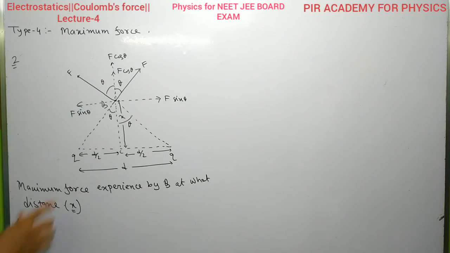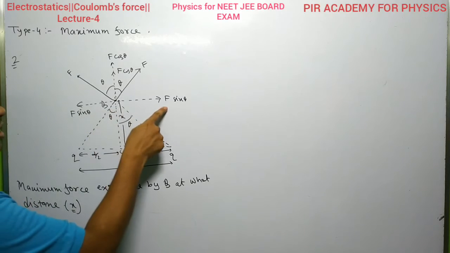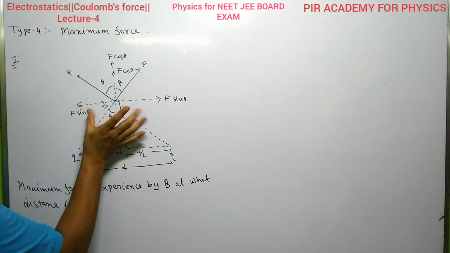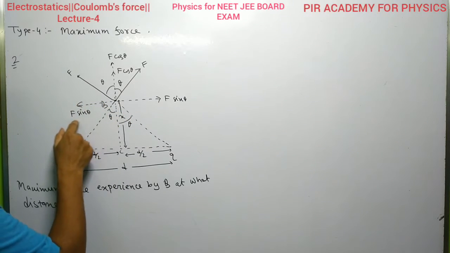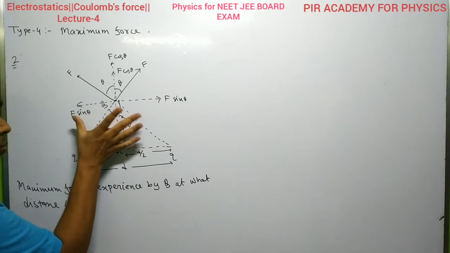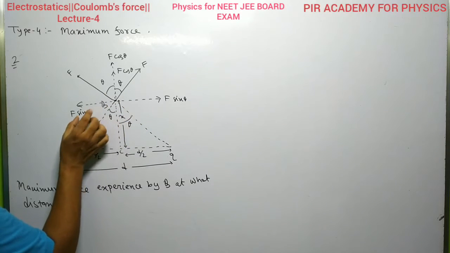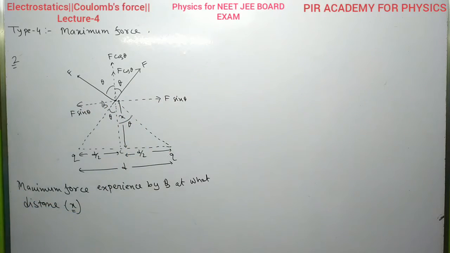So this force and this force will cancel each other because the direction of the two forces is opposite. They have the same magnitude and opposite direction, so this component and this component cancel each other.